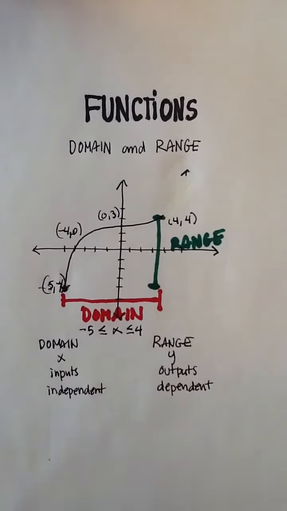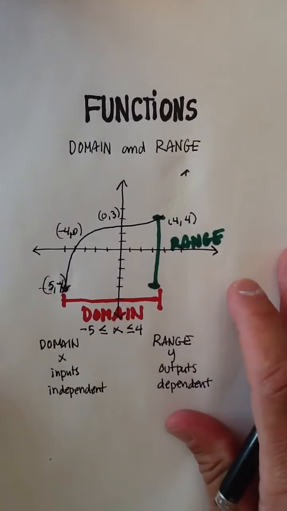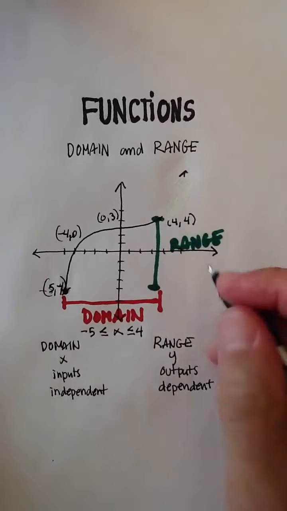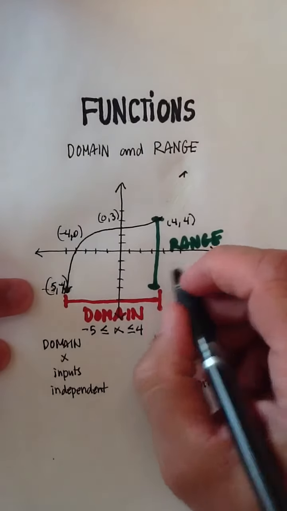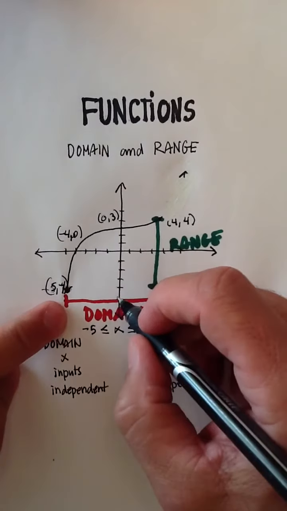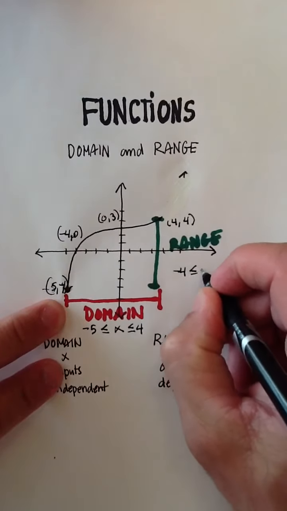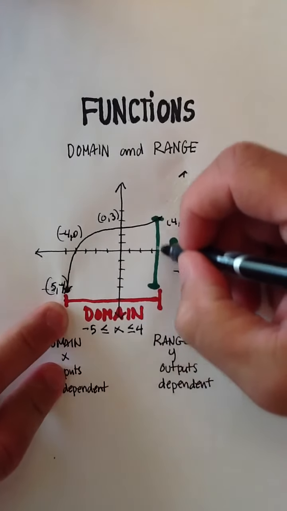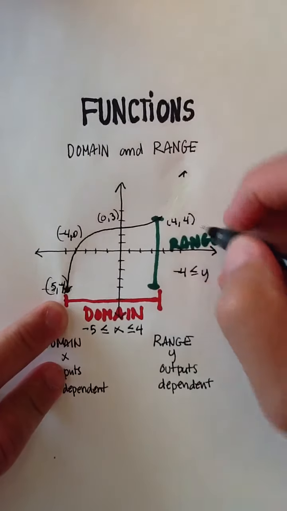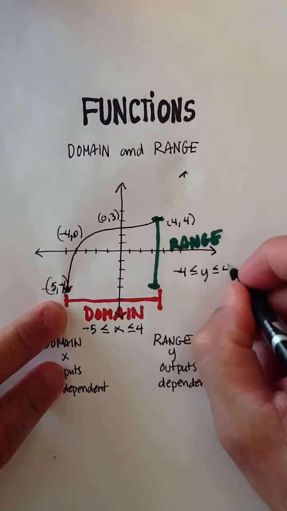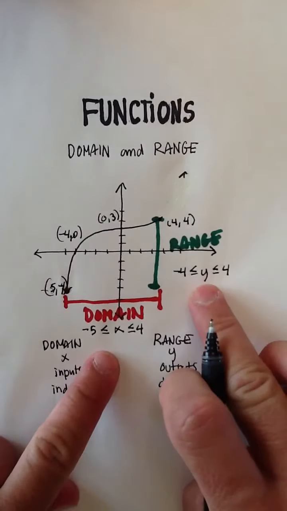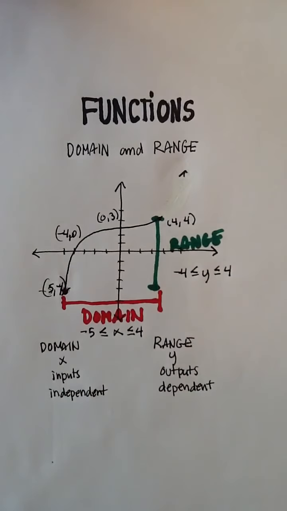And we would say the range in this particular function goes all the way from negative 4 is less than or equal to y, goes all the way up to less than or equal to 4. And that's how you would write the range for this particular problem.